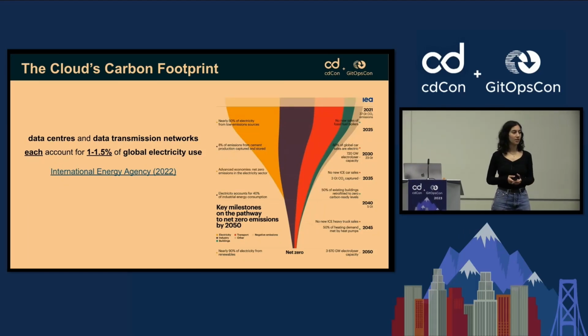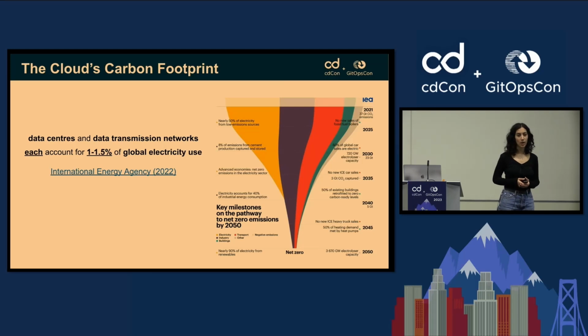So the cloud's carbon footprint. There are a lot of numbers out there trying to estimate what this is, but it's difficult sometimes to find a reliable source that will give you a definitive number, which is also a guess that is always changing, and it's going to be growing continuously in the next years as well.